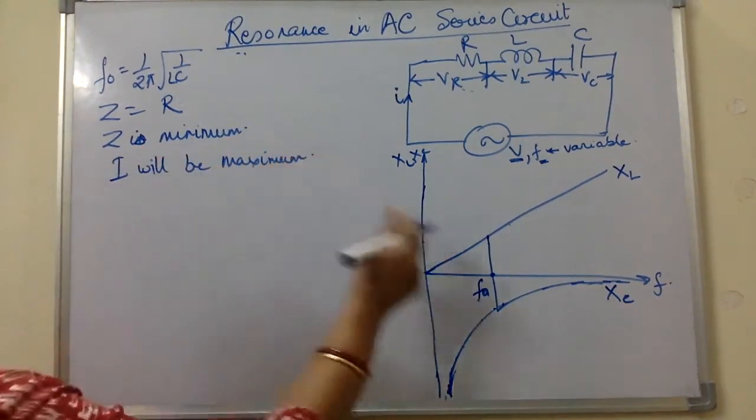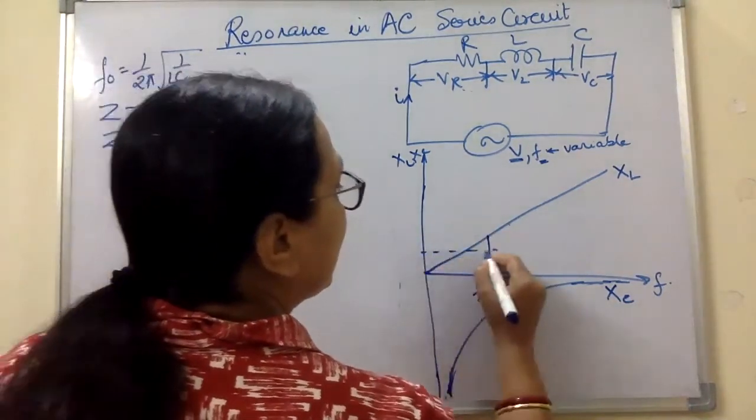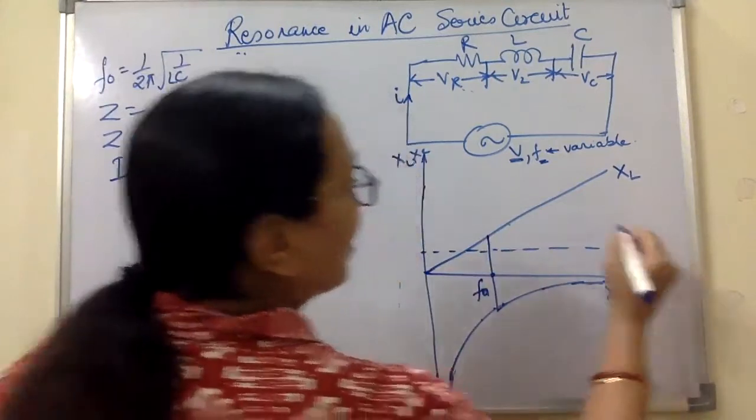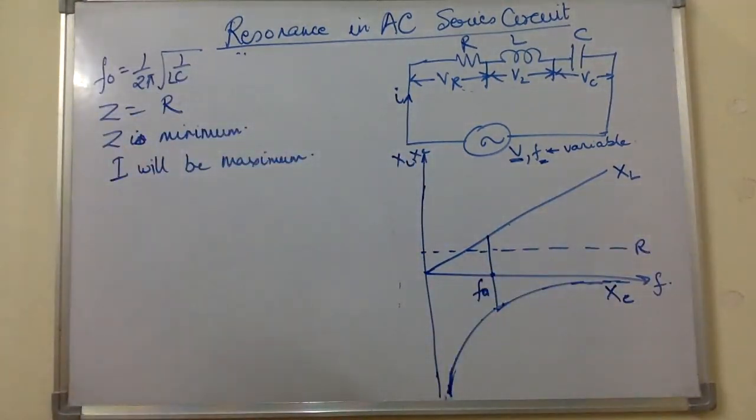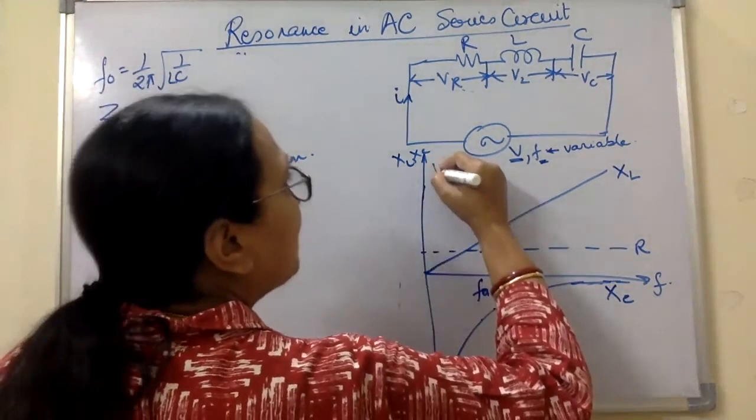Now, how do we define this with respect to the frequency? This is the resistance curve, because resistance doesn't change with frequency, so resistance will be constant with respect to frequency. Now, for the current, first we'll draw the impedance.